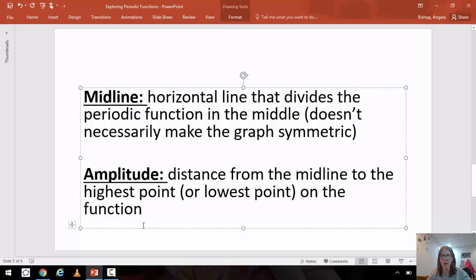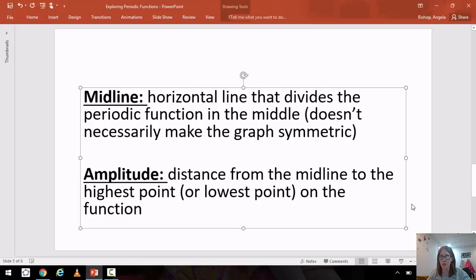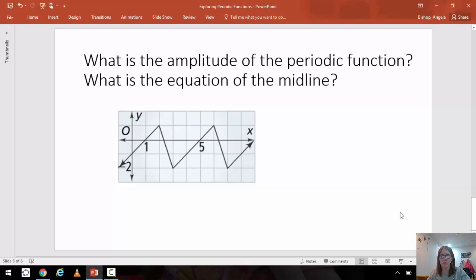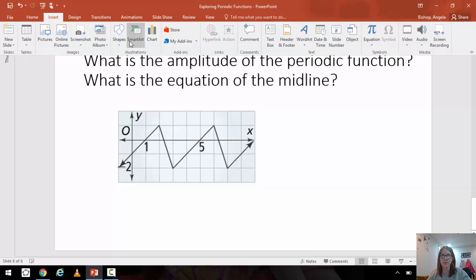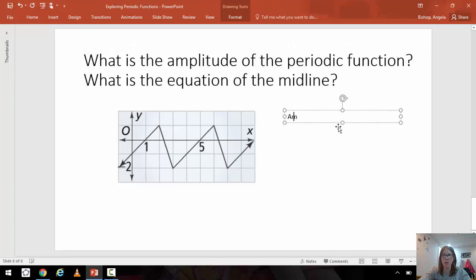Okay. Now, with these vocab words, let's look at one more example here. We have this periodic function. I want to find what is the amplitude of the periodic function and what is the equation of the midline. All right, the amplitude and the midline.